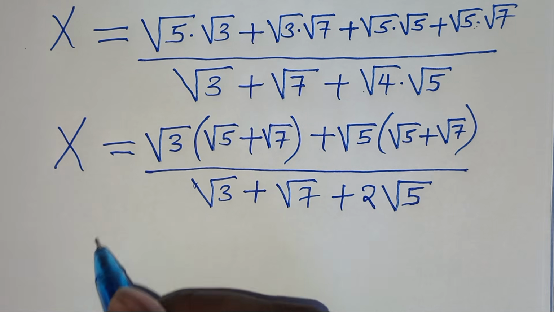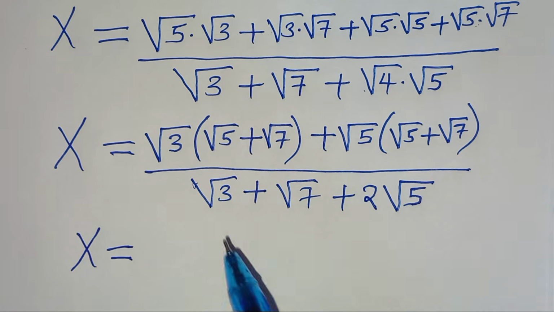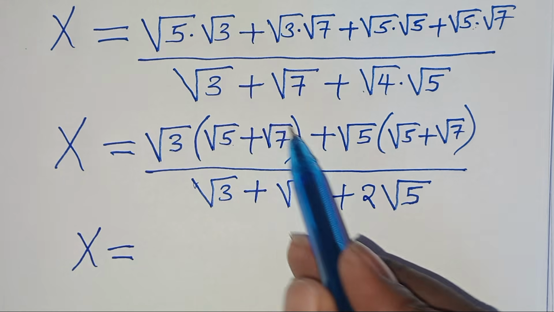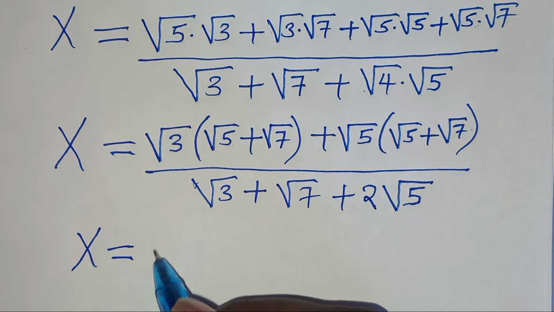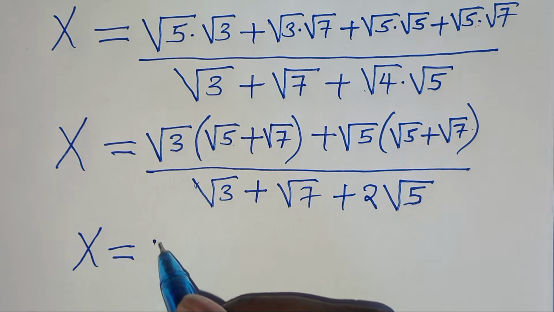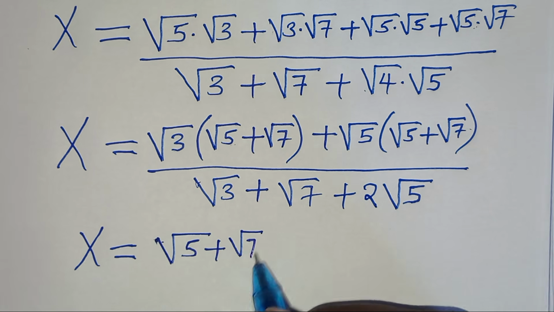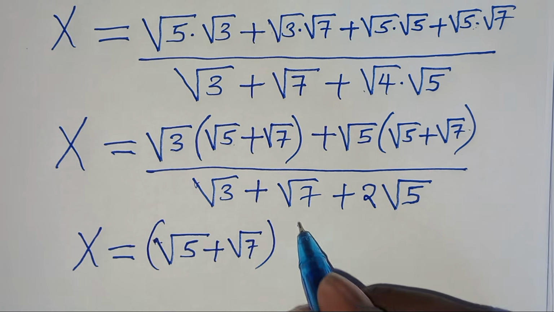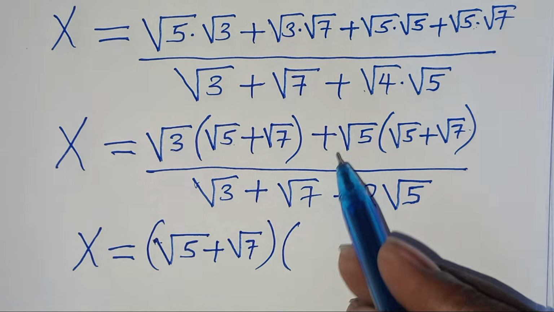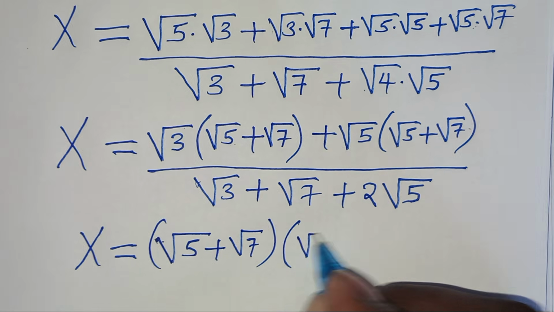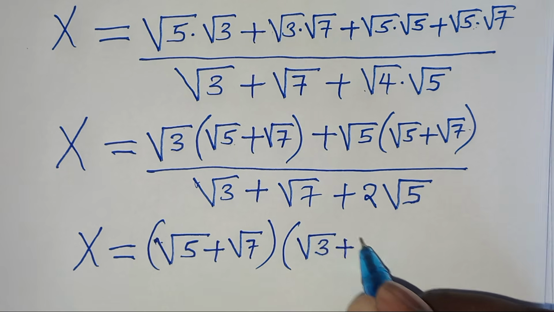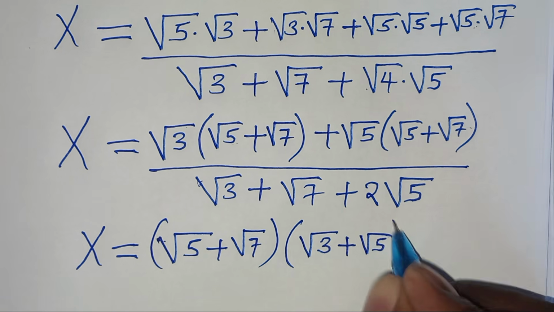Now, we have x is equal to, the square root of 5 plus the square root of 7 is common here. So let's factor out the square root of 5 plus the square root of 7 in the numerator. This is multiplied by the square root of 3 plus the square root of 5.